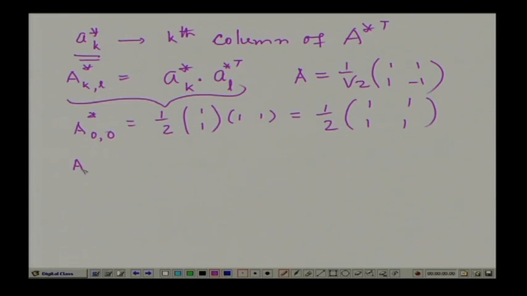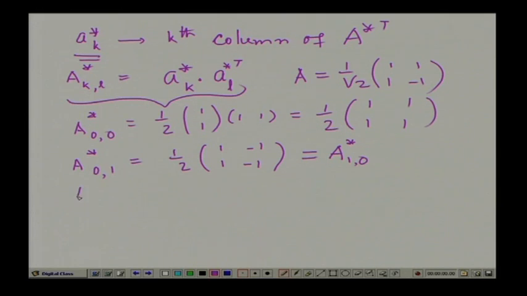Similarly, A 0 1, the 0 1th basis image, will be half into 1 1 minus 1 minus 1, which will be the same as A 1 0, the 1 0th basis image.